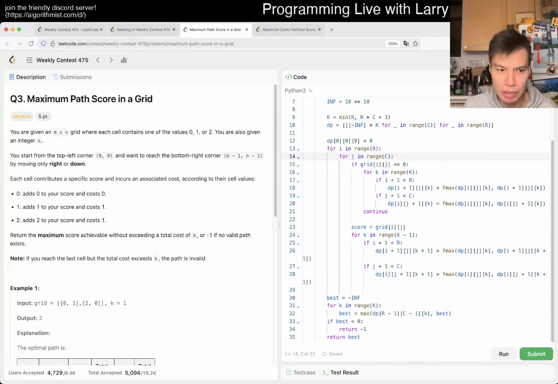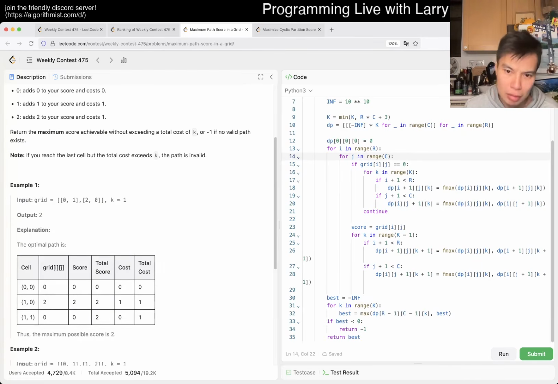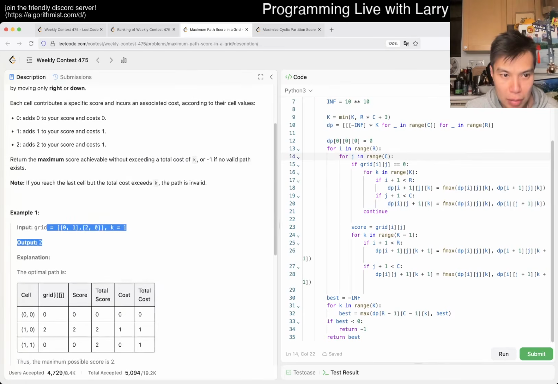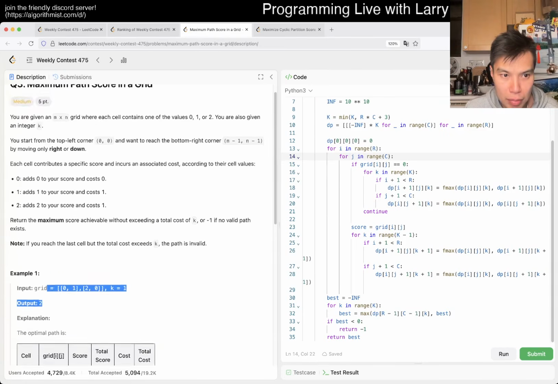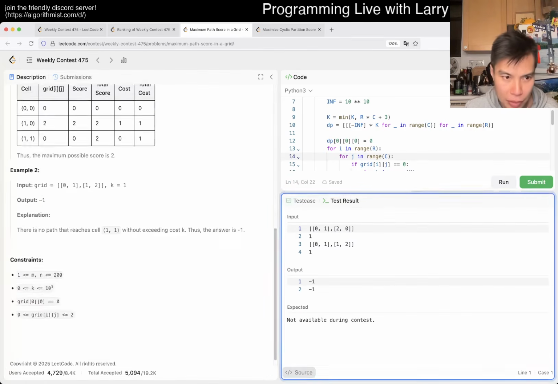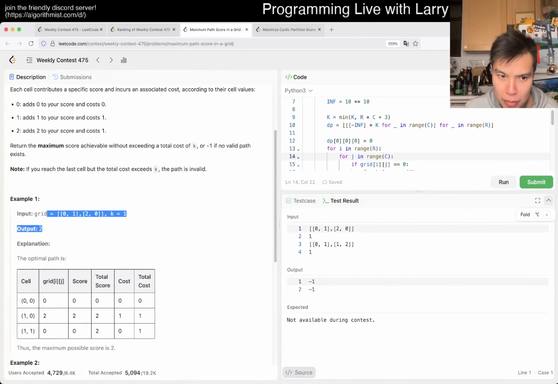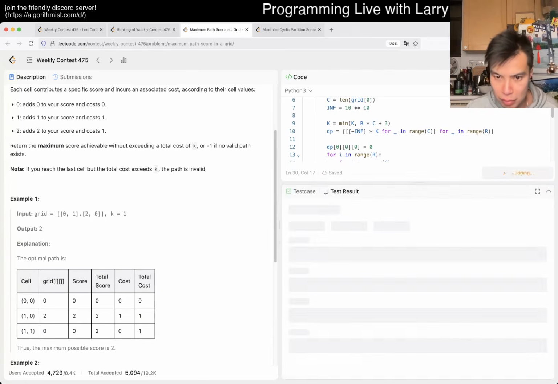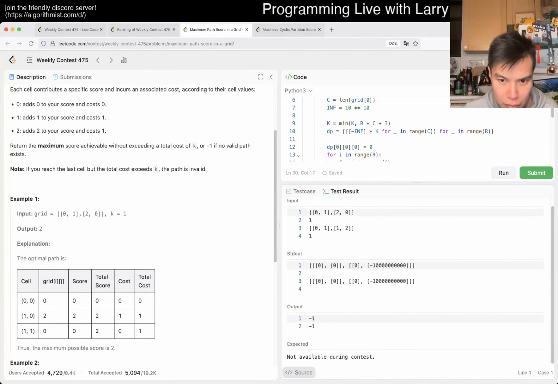So okay, so we don't count the last cell. I have to fix the last cell. But it should still give me an answer for the first one. Two. That's wrong, right? That's not enough.